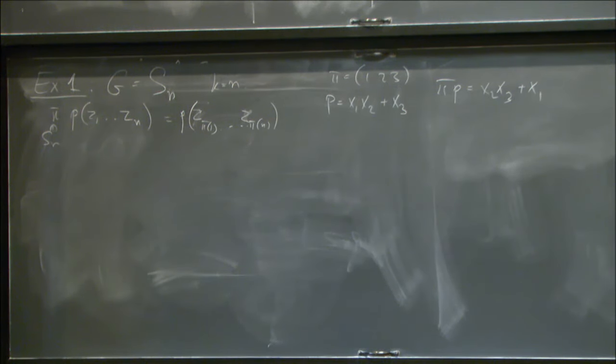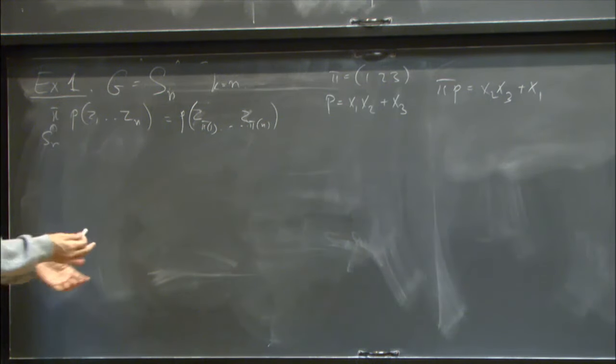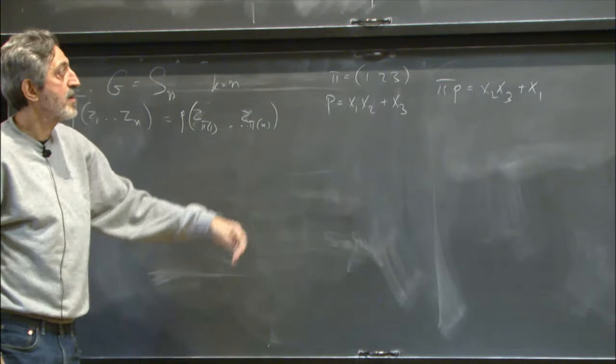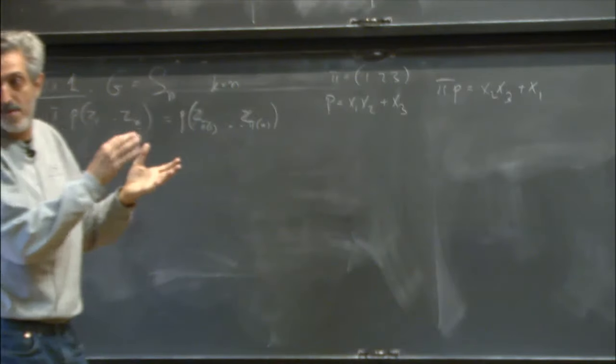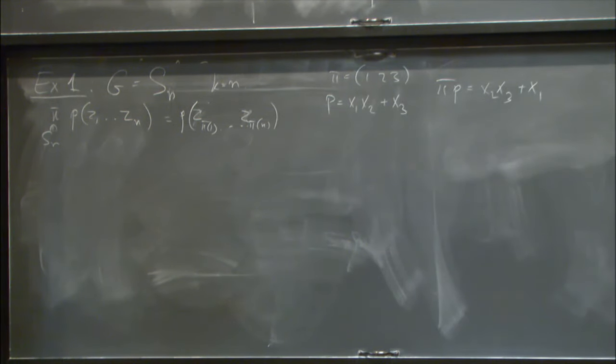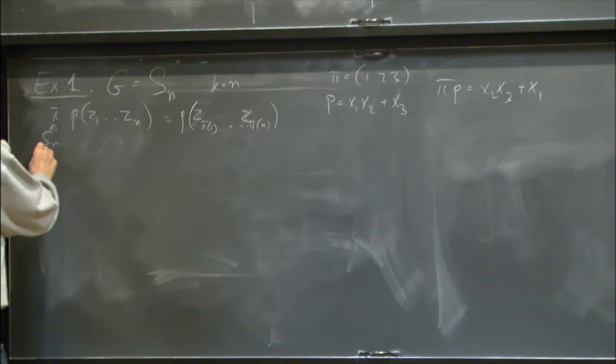So that was the definition. It just changes the names of the variables. Here it's not even a linear transformation, it's just a permutation.